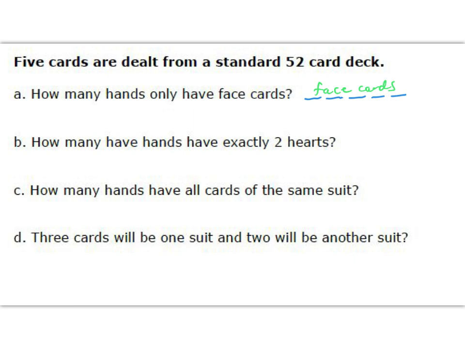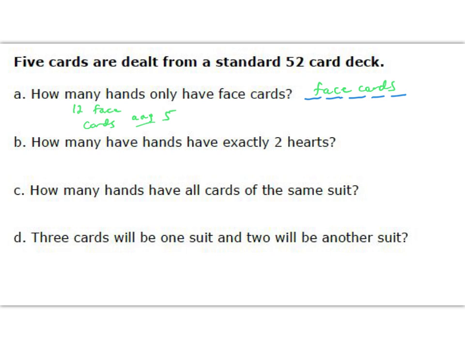Jack, Queen, and King in each of 4 suits, that's 12 face cards. And I want any 5 of them. So we have 12 face cards, and you want any 5 of those to occupy your hand.